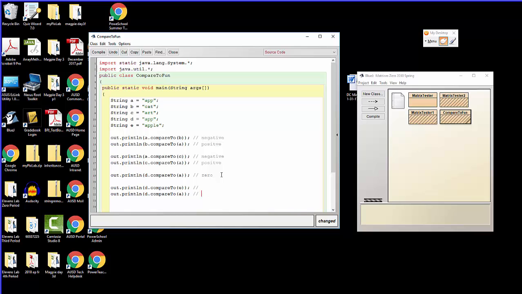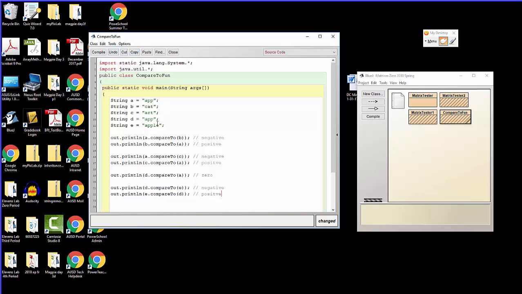Now, this will probably wake up the A+ students for a minute, because I don't think they know what this does. But all you have to know is the first one's negative and the second one's positive. What number it is? I don't know. We're going to find out and discover how it works.